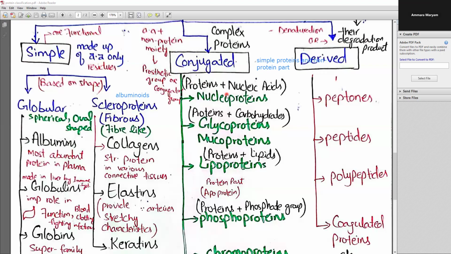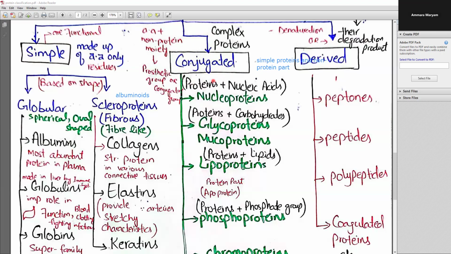So that's why it is the conjugated protein. अब इसमें क्या डिफरेंस है सिंपल प्रोटीन और कॉन्जुगेटेड प्रोटीन में? सिंपल प्रोटीन में सिर्फ अमाइनो एसिड प्रेजेंट है और वो इंडिपेंडेंटली, they are functional. बट इन केस ऑफ कॉन्जुगेटेड प्रोटीन्स में जो सिंपल प्रोटीन्स है वो फंक्शनल नहीं है, अनलेस जब तक उस पे नॉन प्रोटीन मोइटी अटैच ना हो जाए. नॉन प्रोटीन मोइटी मतलब कि प्रोस्थेटिक ग्रुप या फिर कॉन्जुगेटिंग ग्रुप अटैच ना हो जाए. जब ये दोनों चीजें अटैच होंगी तब ये प्रोटीन फंक्शनल होगी.